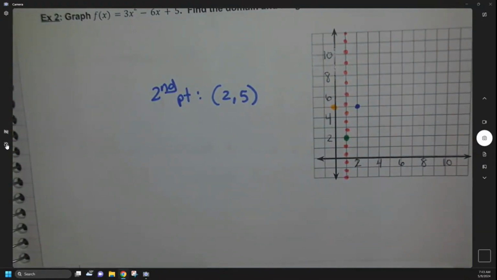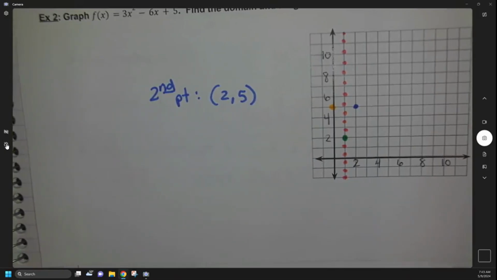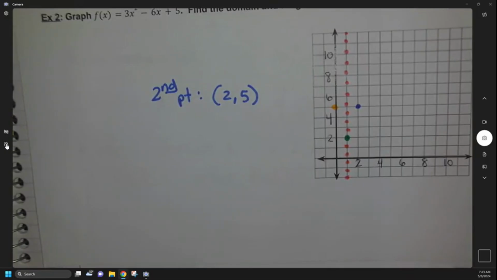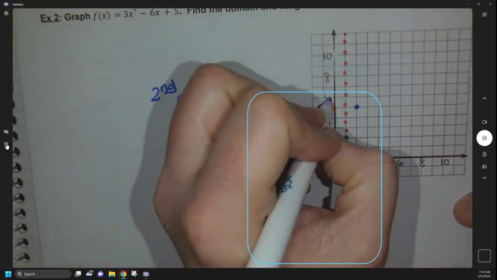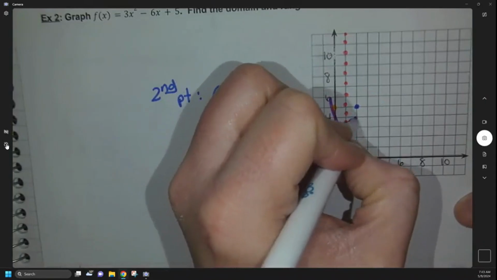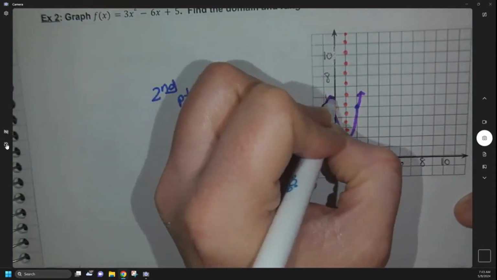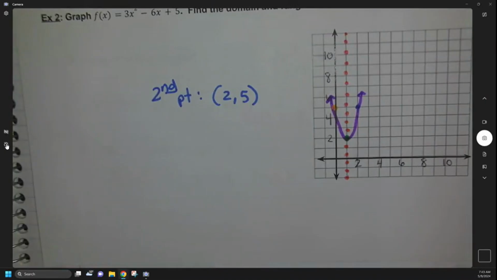Now that I have 3 dots, I can connect them to make my parabola. There's our parabola.